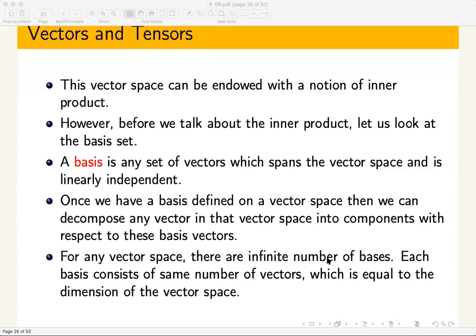A basis is any set of vectors which span the vector space. That means any vector in the vector space can be written as a linear combination of these basis vectors, and these basis vectors themselves are, of course, linearly independent. So you don't do overcounting there.